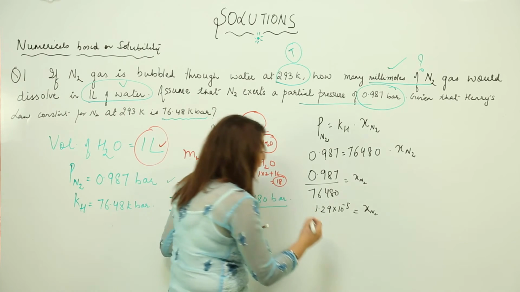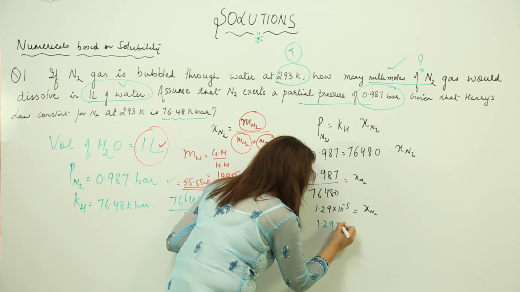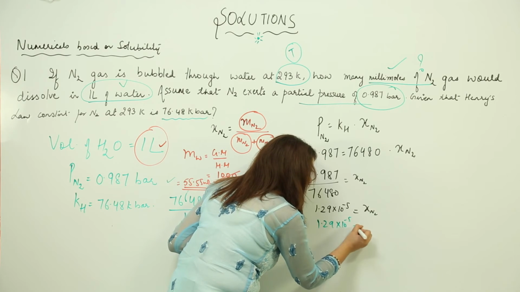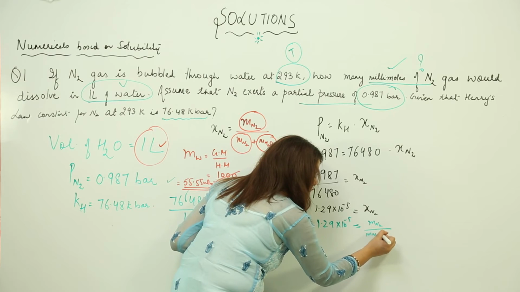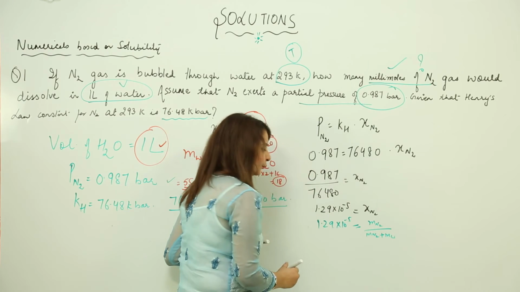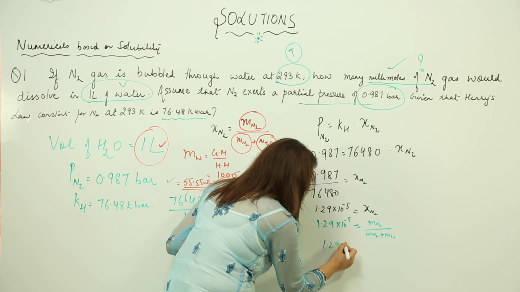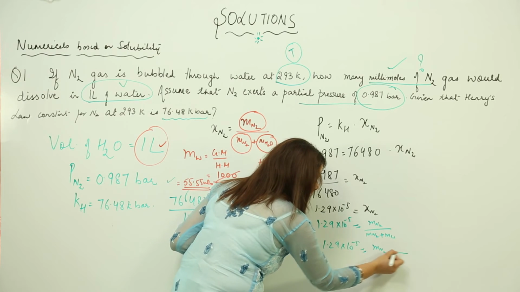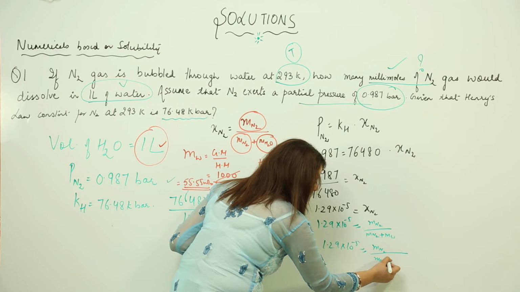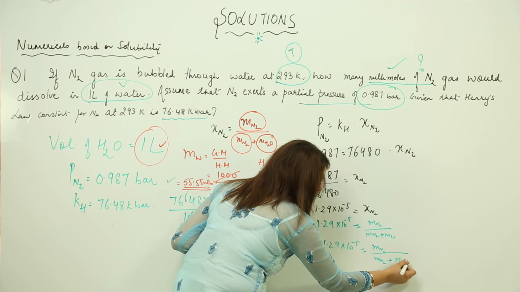So we have 1.29 into 10 raised to power minus 5 equal to moles of N2 divided by moles of N2 plus moles of water.